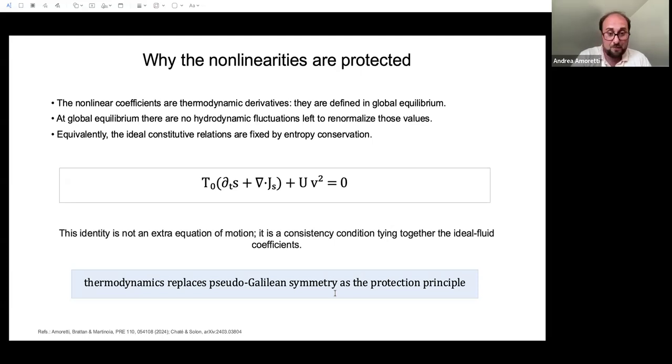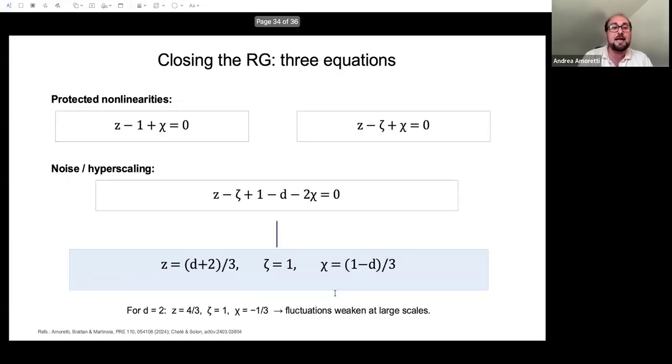So basically, what we said is that all of the coefficients that belong just to ideal hydrodynamics, so that are fixed by the equation of state and your generating functional, cannot renormalize under perturbative correction. Okay, so if we imposed that, that was enough to fix all of the scaling and the critical exponents of a Vicsek model.